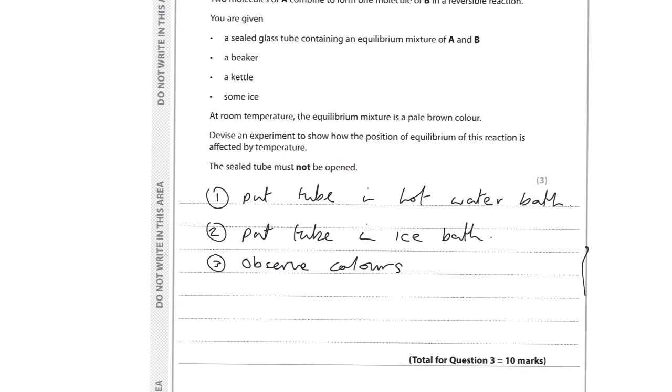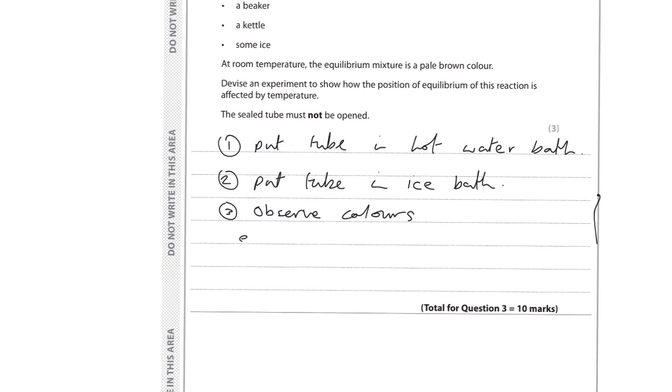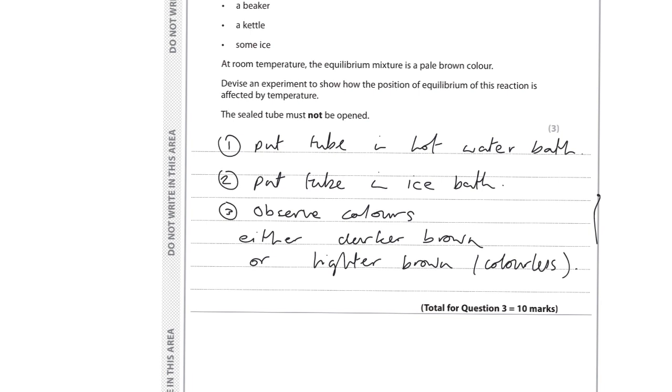You need to say that it will either go darker brown or lighter brown or colourless. So that was really quite an easy 3 marks.